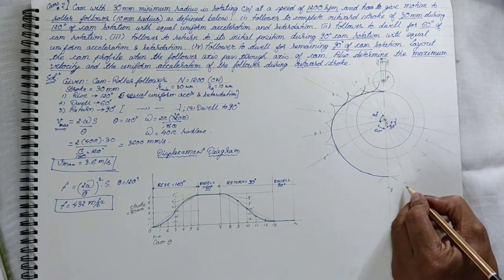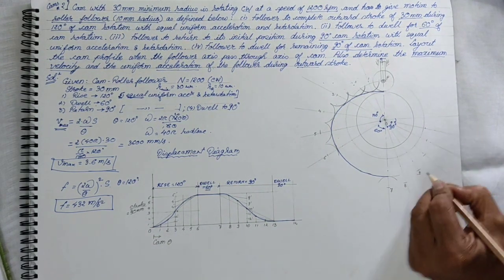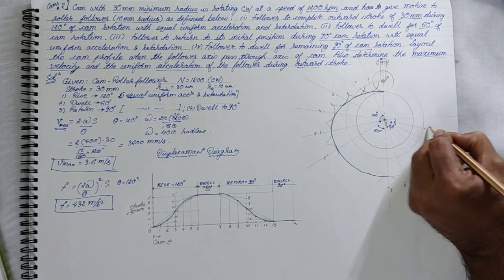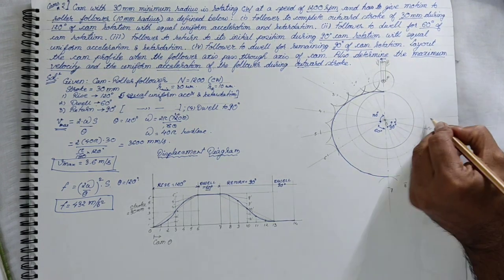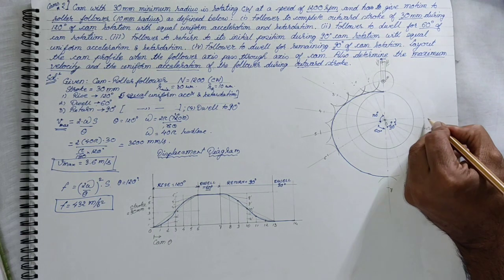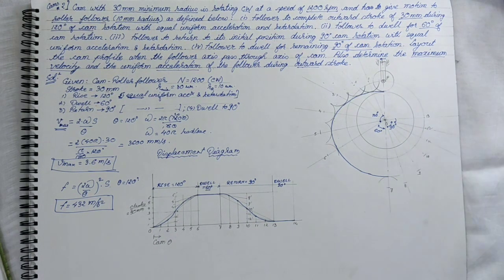So this is 8, 9, 10, 11, 12, 13 is again the trace point touching its location.